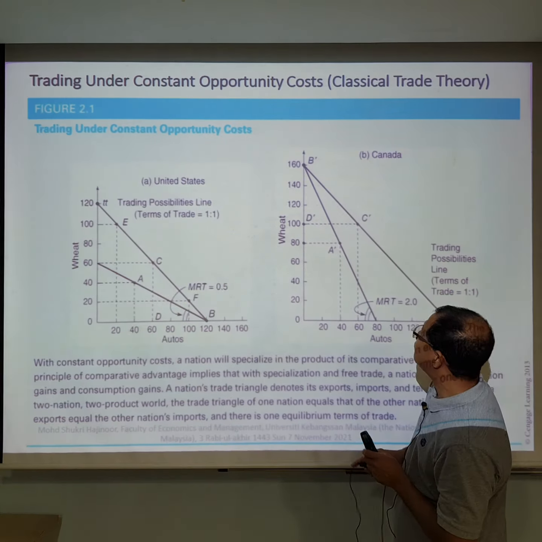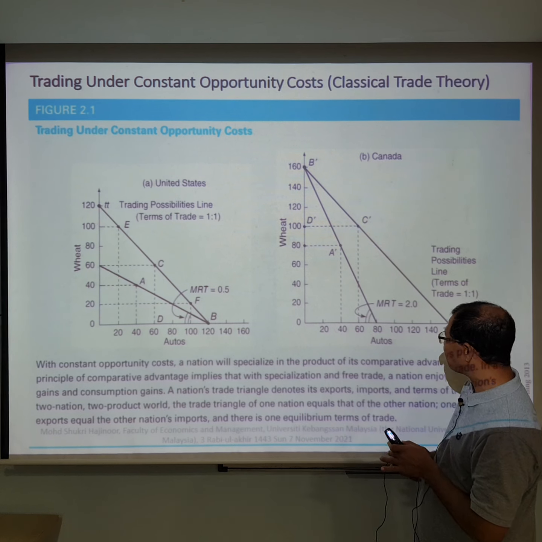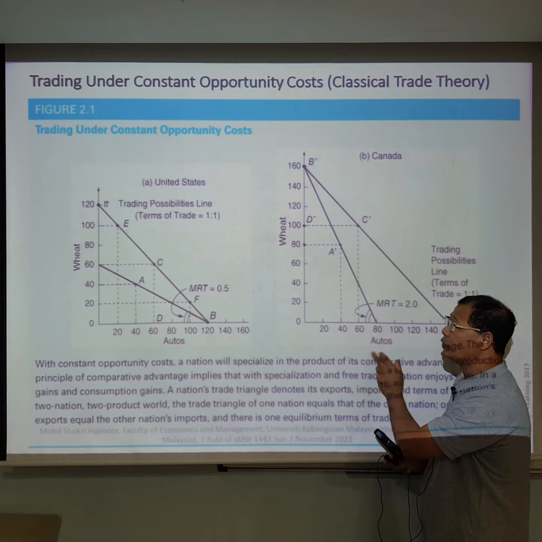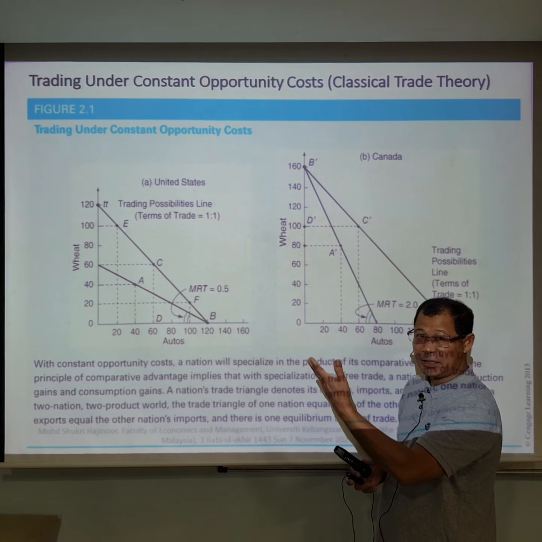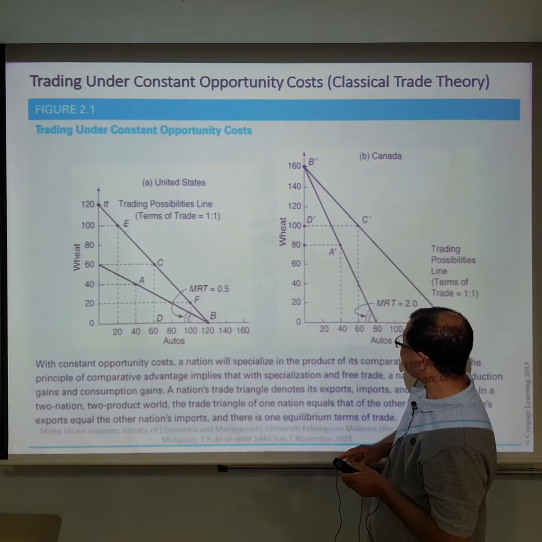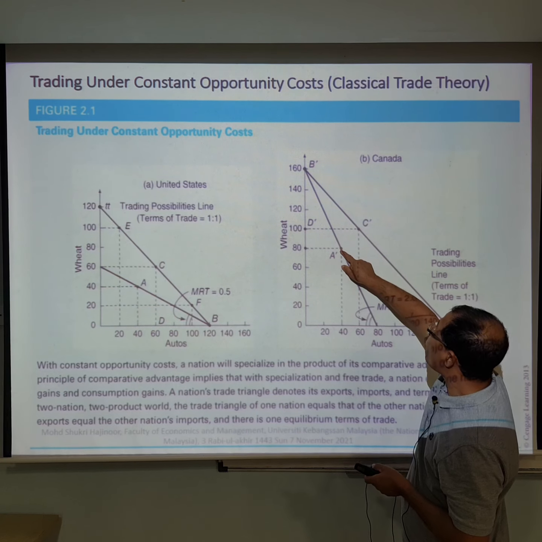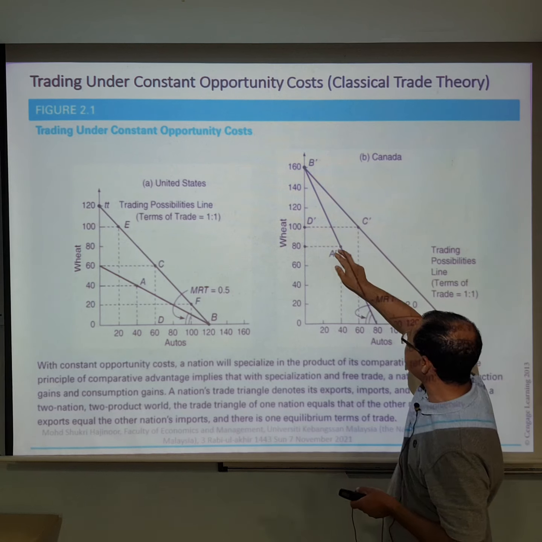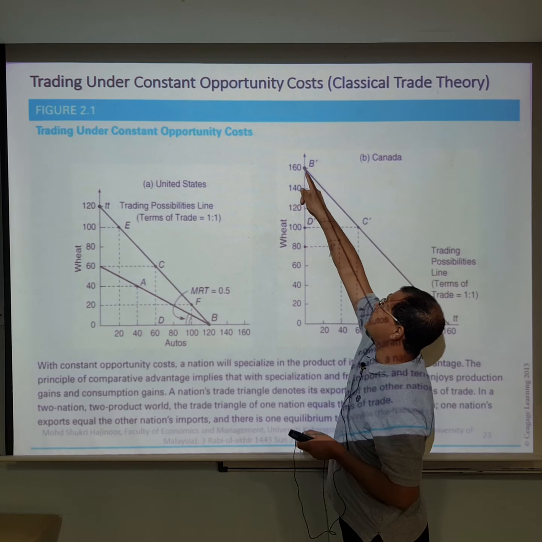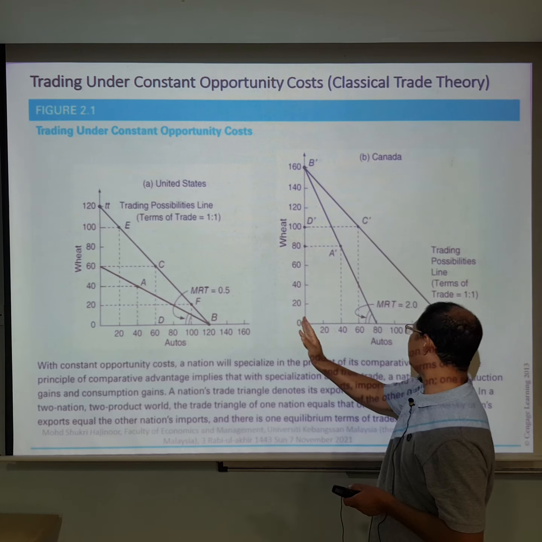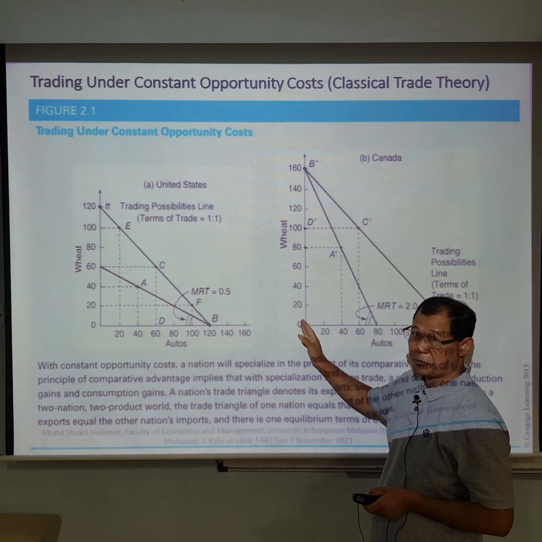The opposite is for Canada. Canada is less efficient in auto, more efficient in wheat. Canada should specialize in wheat. So from this initial point, Canada will increase the production from 80 to 160. As a result, at this point, no auto at all is produced by Canada.